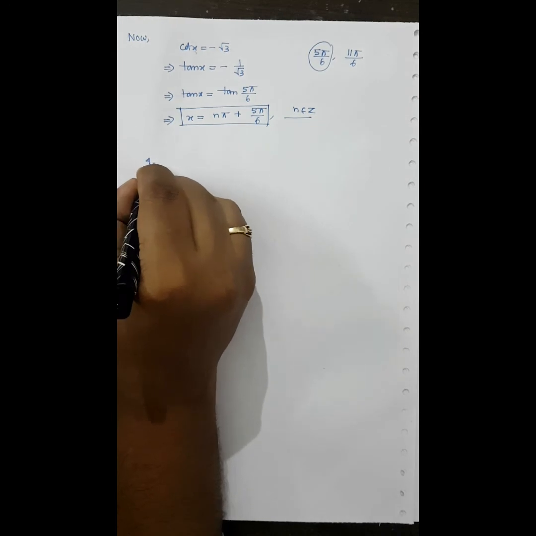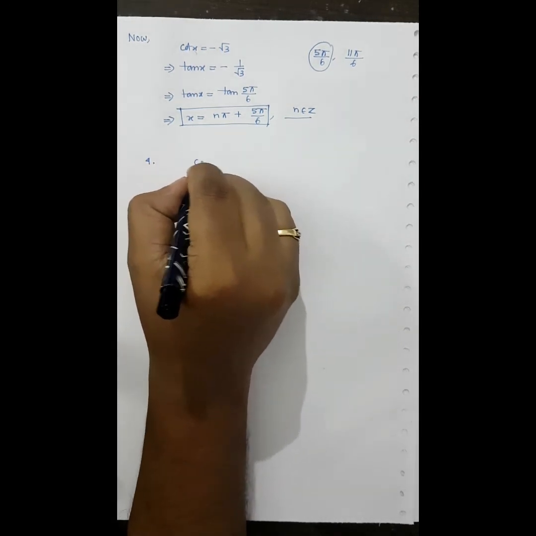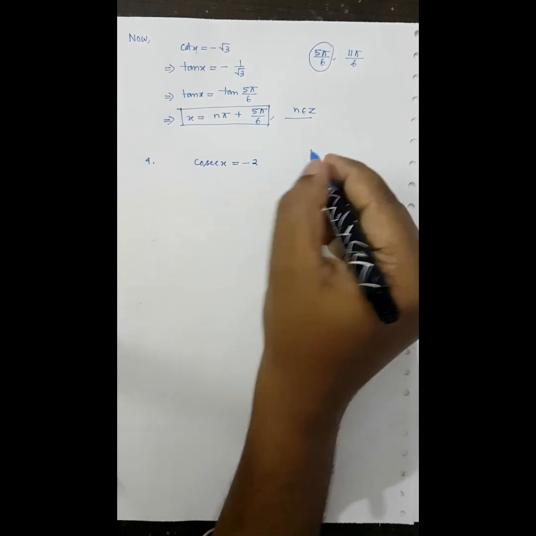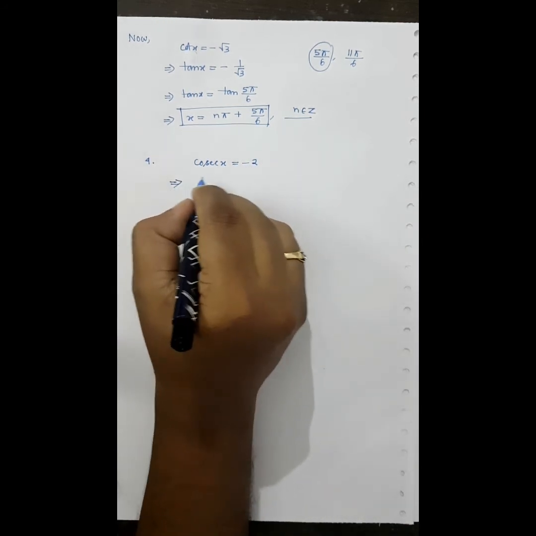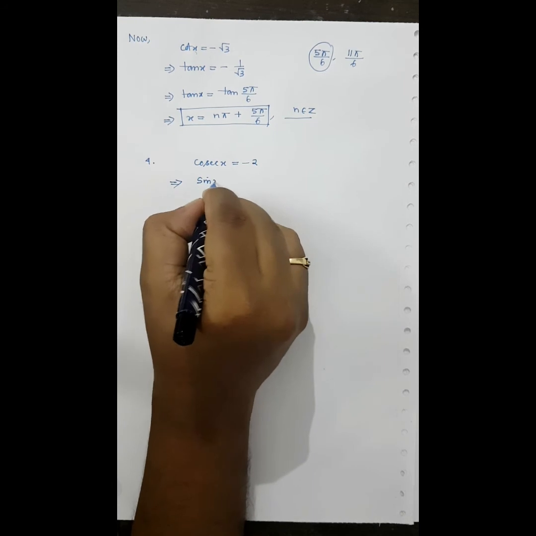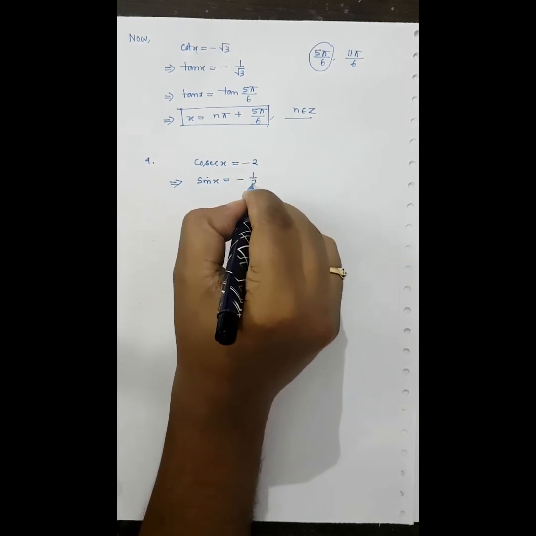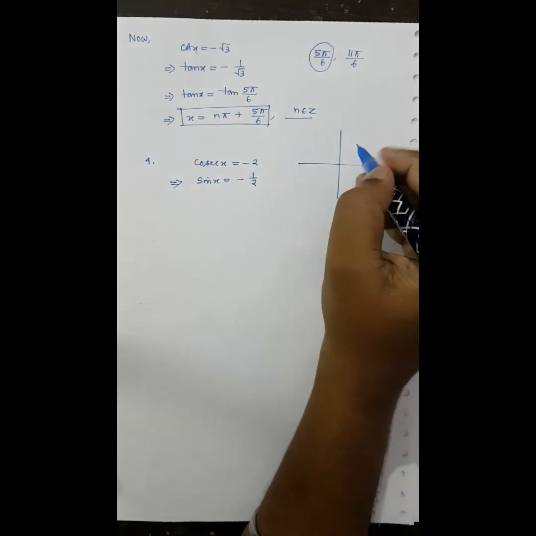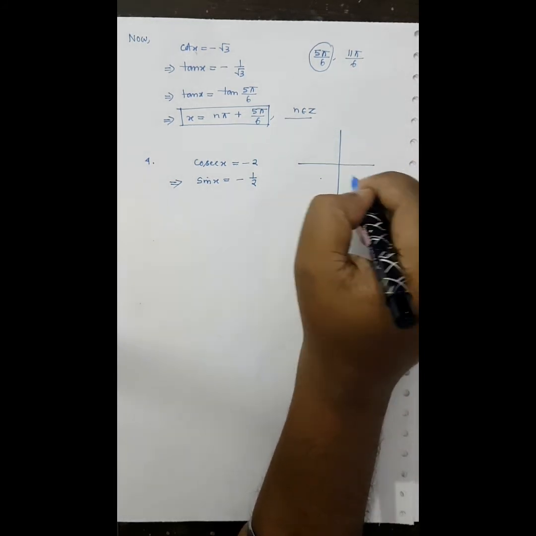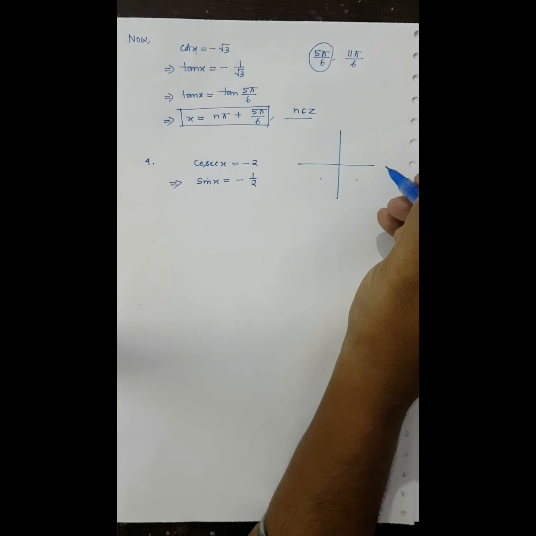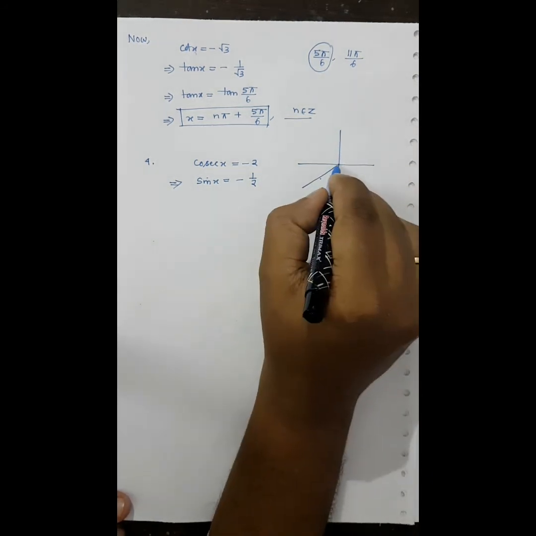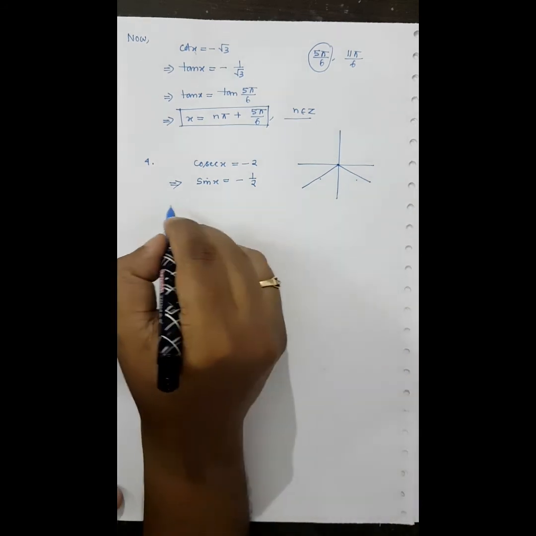Now question number 4, we are given cosec x is equal to minus 2. So if I find the reciprocal, I'll get sin x is equal to minus half. Remember that in the third quadrant and fourth quadrant the value of sin x is negative. So the angle must be in the third or in the fourth quadrant.